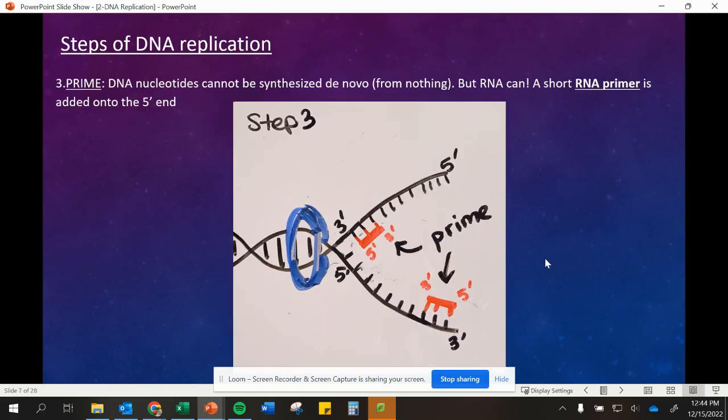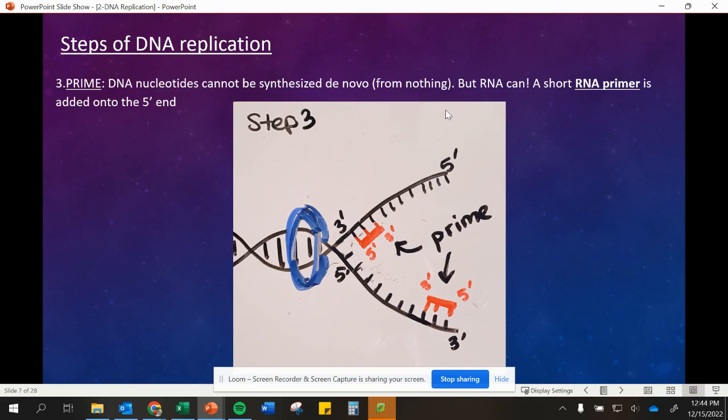The next thing that has to happen is primers have to be added. This is a confusing part, and it's helpful to know the difference between DNA and RNA. DNA cannot be synthesized de novo, from nothing. Our enzymes are not able to just start making DNA molecules by adding bases from nothing.